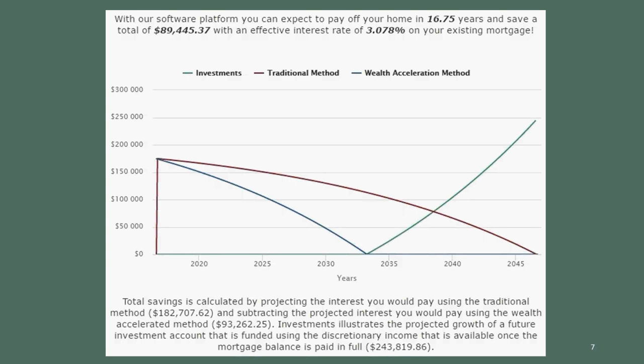Then the great news is that if they are used to spending that $1,075 per month in terms of their debt repayment, then starting in year 16 3/4, if they continued to spend the same amount of money on an investment over the remaining period, over the 14 years to net out to the total of 30 years, which was the original loan, then they could see wealth accelerating in an investment.